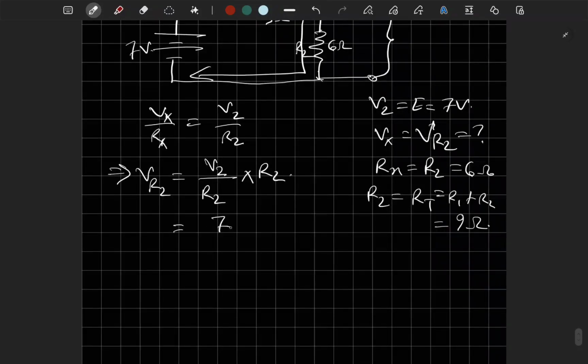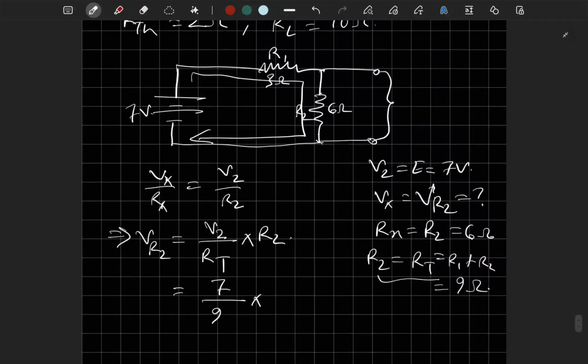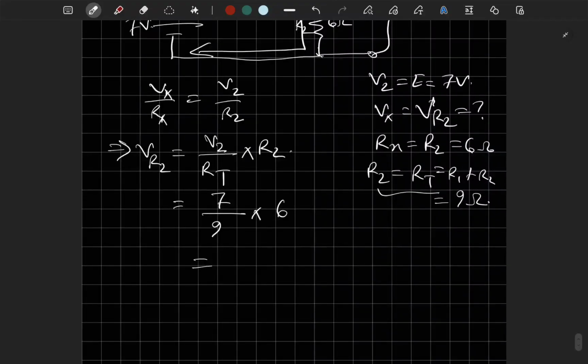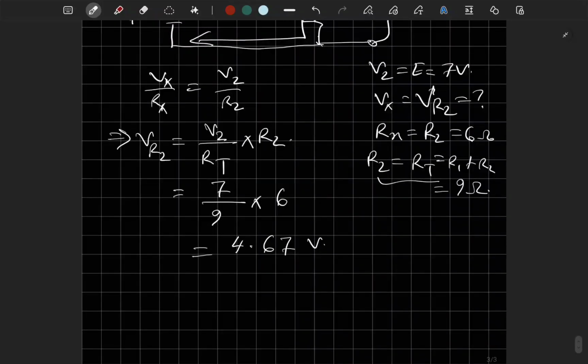So that's 7 over R total, which is 9, multiplied by R2, which is 6 ohms. So 7 over 9 multiplied by 6, that's 4.67 volts.